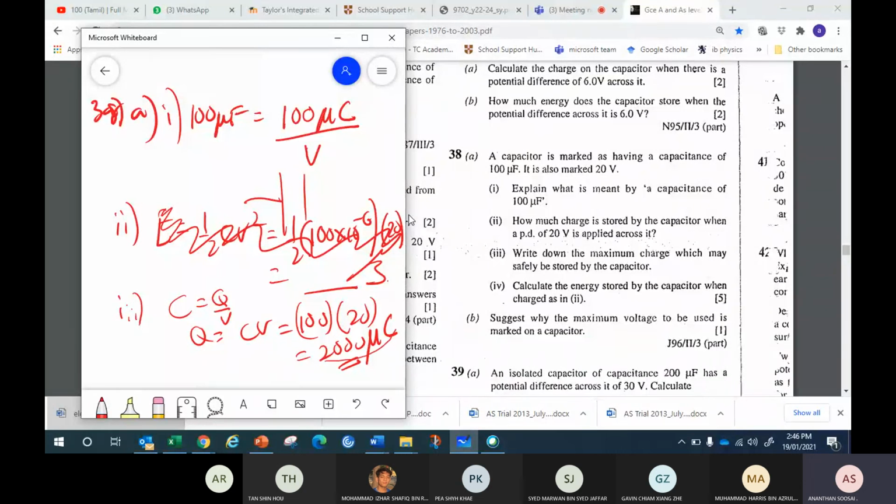So the maximum charge stored is 2000 microcoulomb. Yeah, 20 volt is the safe working voltage, and the capacitor is also marked 20. Answer 2 and 3 must be the same then. The fourth one is energy. I don't know why they're asking 2 and 3, it's actually the same. Okay, B. Answer B. Anybody?